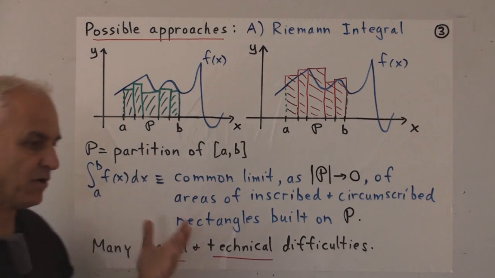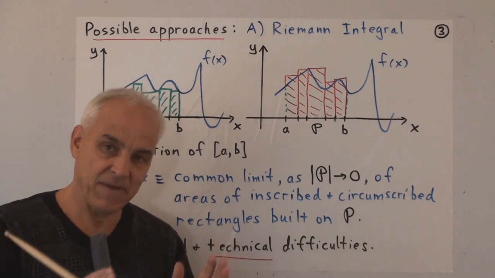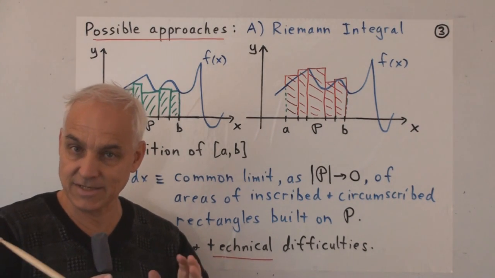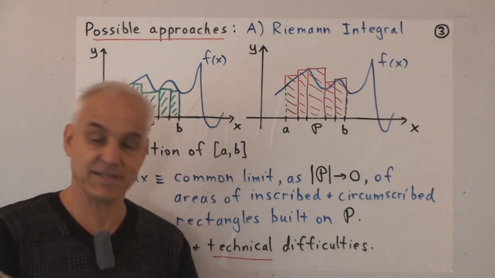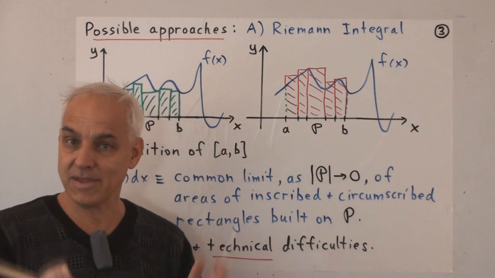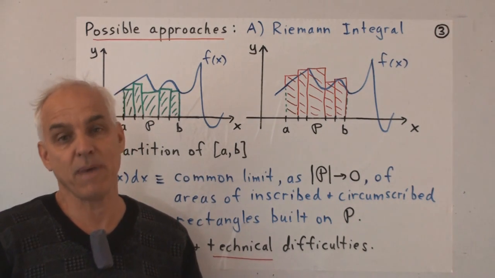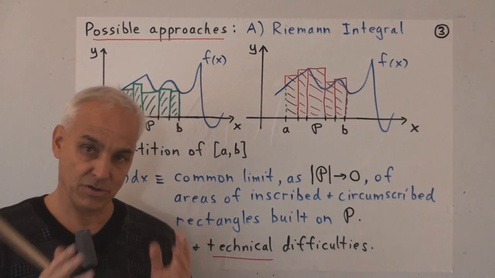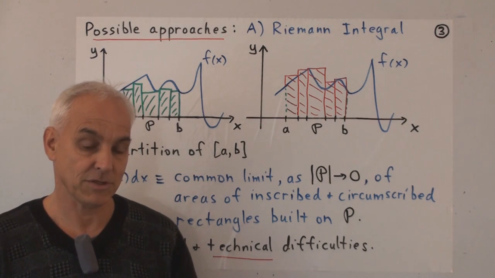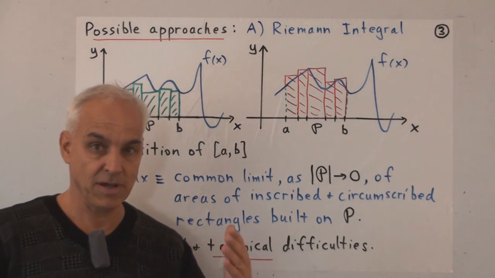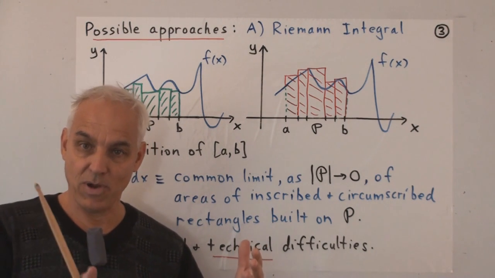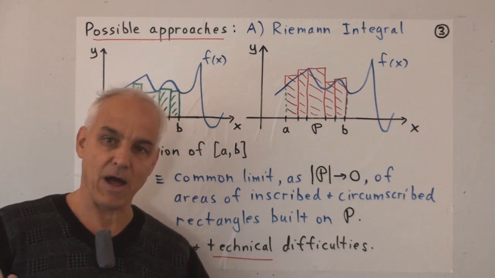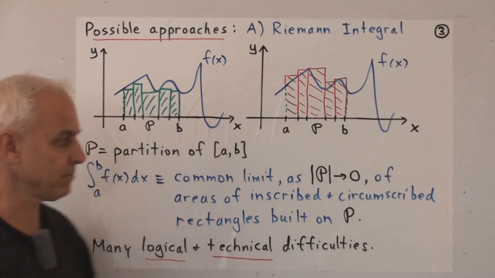So this kind of idea of thinking about something filling in a region from the inside and then another sum filling the region from the outside goes back to Archimedes' calculation of pi with regard to the area of the circle. So it's a very classical idea of trying to bracket what we want between a lower bound and an upper bound.